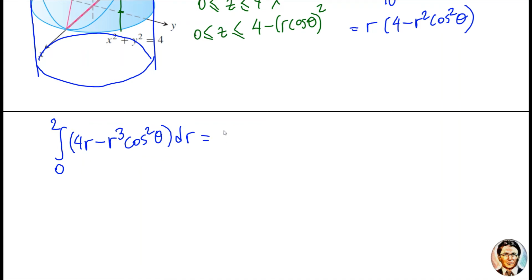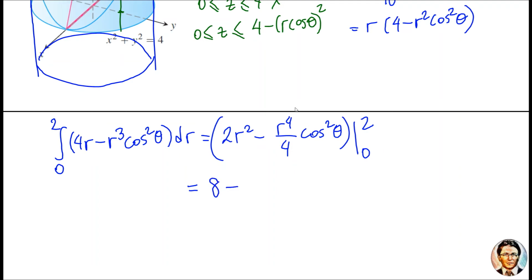Theta is constant, so you have to integrate with respect to r: 2r squared minus r to the 4 over 4, by power rule, times cosine square theta, where r is from 0 to 2. For 0 it will be 0. For 2 you will get 8 minus 16 over 4, which is 4 cosine square theta.